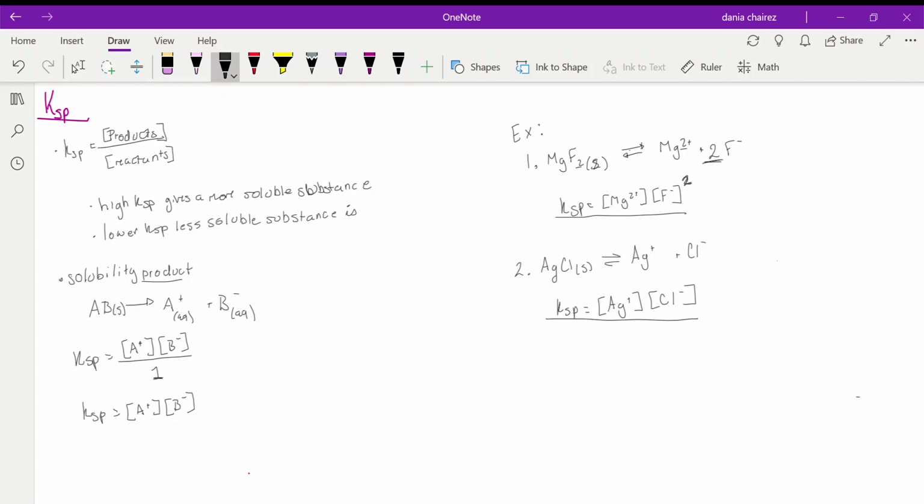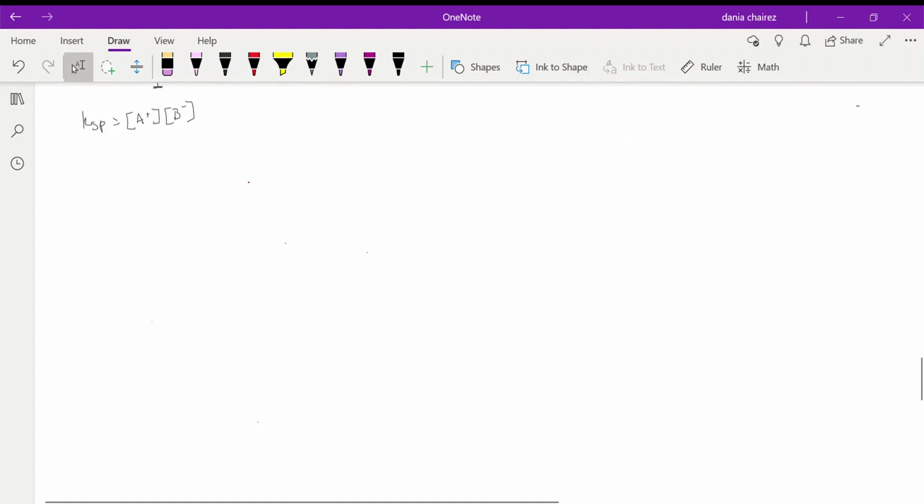Writing the expression is pretty easy because your reactant's always going to be a solid, so that doesn't even have to matter in your expression. So all you do is multiply the concentration of your products, but make sure that your reaction is balanced because the balancing becomes our coefficient, like I said. So it's not too bad writing the expression.